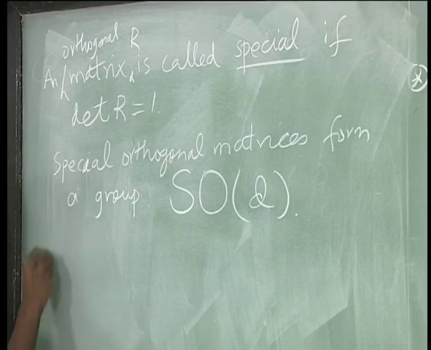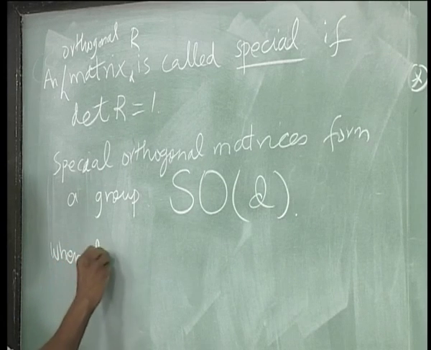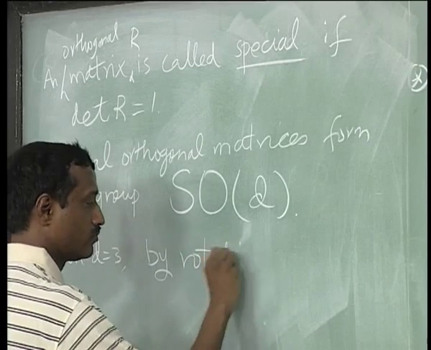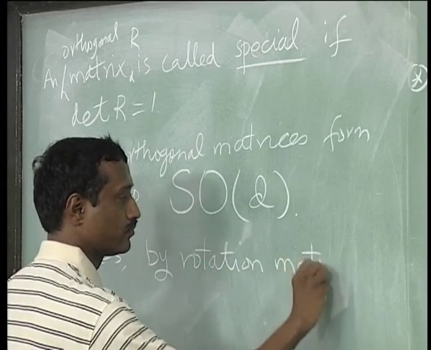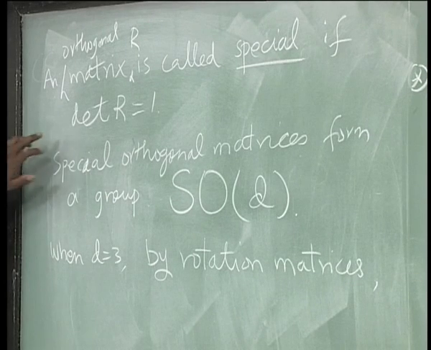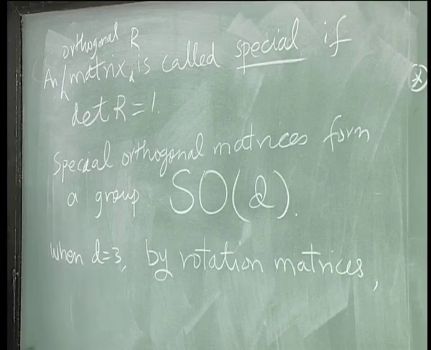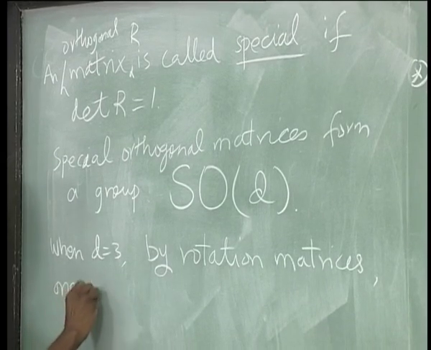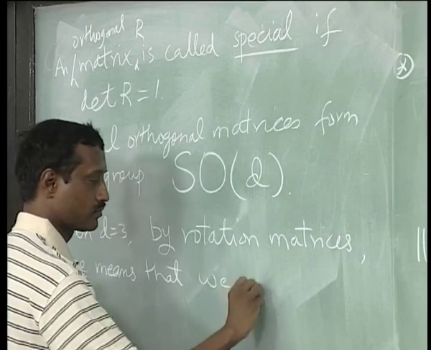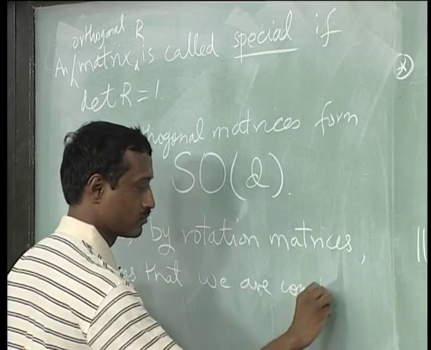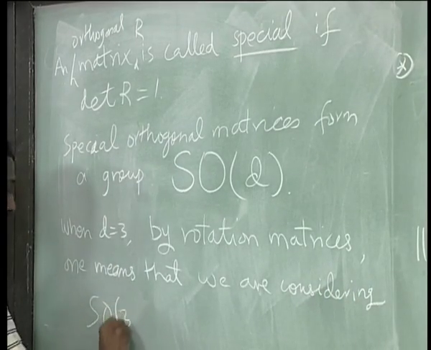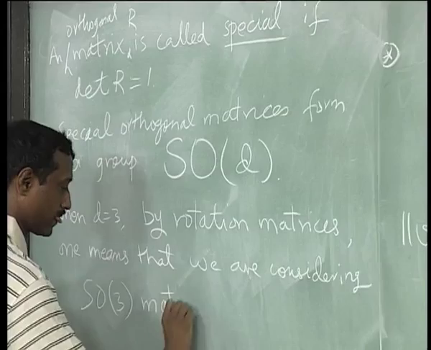Usually in 3 dimensions, when d equal to 3, by rotations, rotation matrices, one means that we are considering SO(3) matrices, not O(3) matrices.